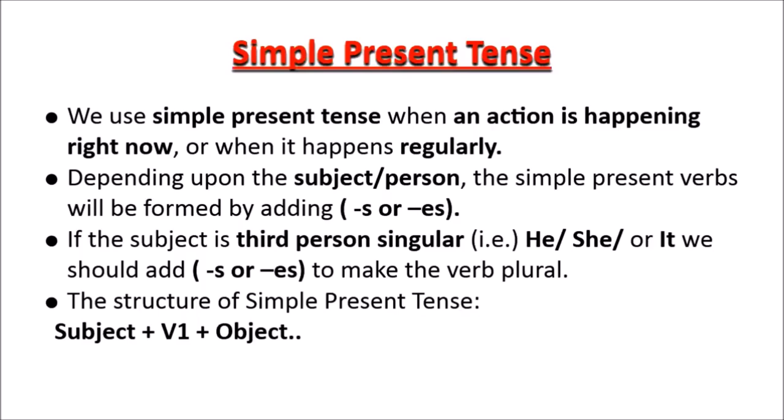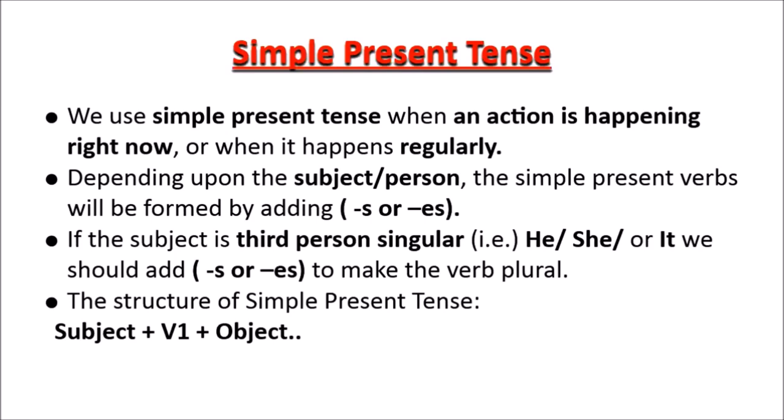So, what are the third person singular subjects? They are he, she and it. So, in a sentence, if there comes he, she or it, we automatically should add s or es to the verb.